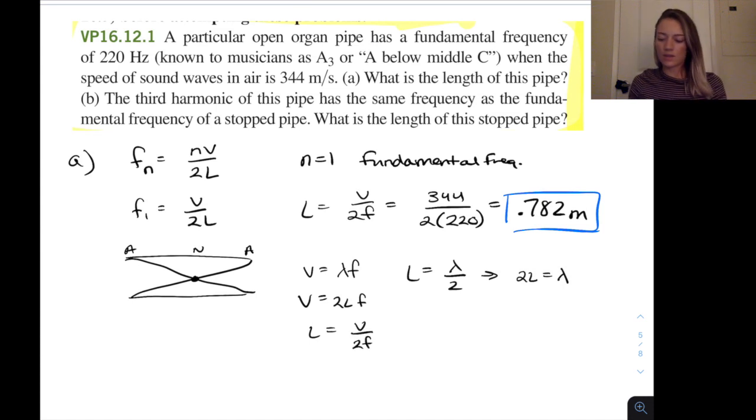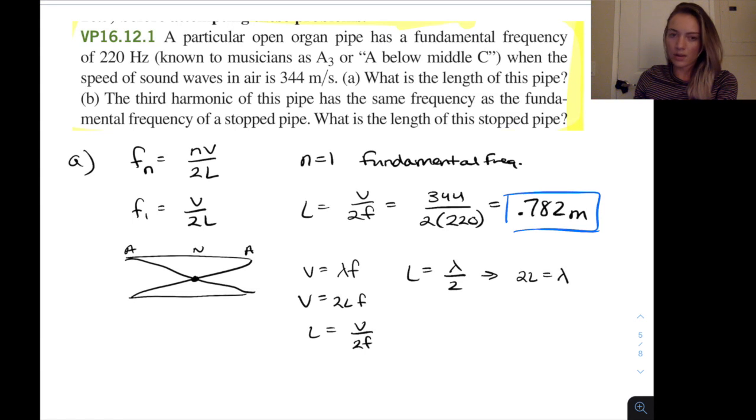So either way you think of it, you end up with the same answer. So it's important to note here that it says it's an open pipe, so that means I'm going to be using this formula because this is the formula for the harmonics of an open pipe. And I also know that for an open pipe, it has an antinode at each end. So I know that the fundamental frequency has to look like this, and it has to be 1/2 wavelength because we need an antinode at each end.